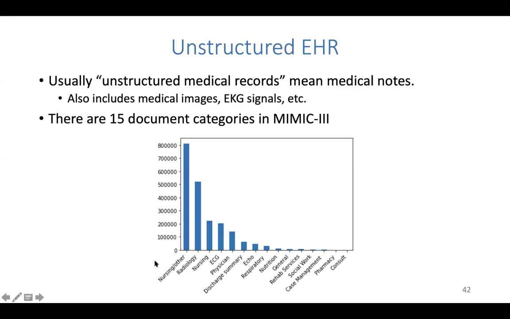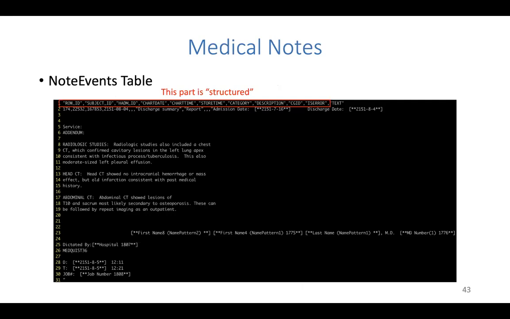So discharge summary. Hopefully everybody's already super familiar with what a discharge summary is. Some might ask whether medical notes are still structured, because they are stored in a notes events table. So medical notes are still stored in a table. There are columns, and there are contents of the columns.